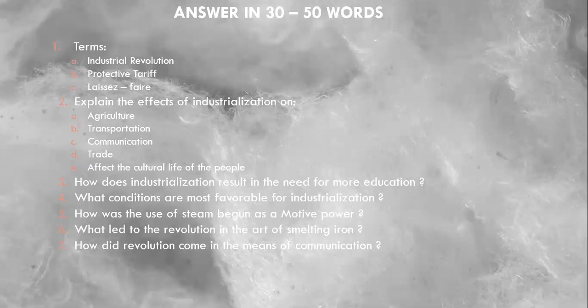Next is, how was steam used as a motive power? So, up till now, all machines were run by water power, wind power, or horsepower. Invention of the steam engine by Newcomen was a very important step in the field of industrialization. It was used for pumping water out of coal mines.